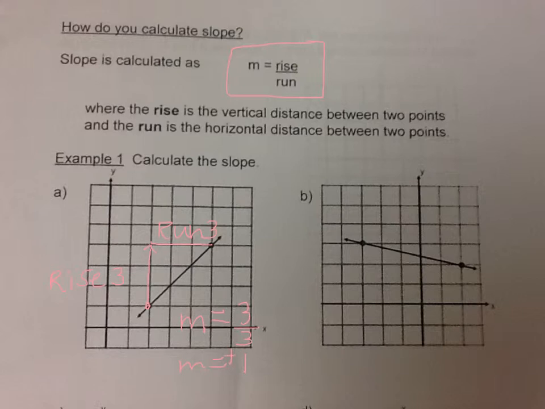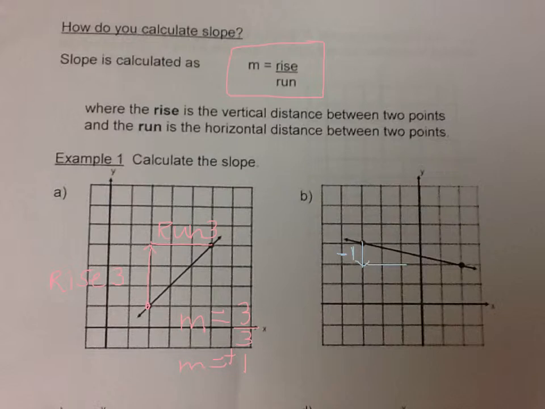Let's take a look at the second one. Let's figure out what the rise is going to be here. If I start at my leftmost point, I can say that the rise is 1 unit, but notice that I'm going down 1 unit. So instead of saying that I'm rising in a positive direction, I would put it in a negative direction because I'm going down.